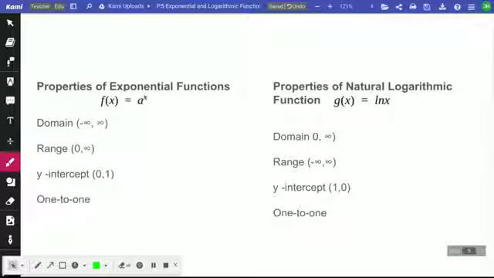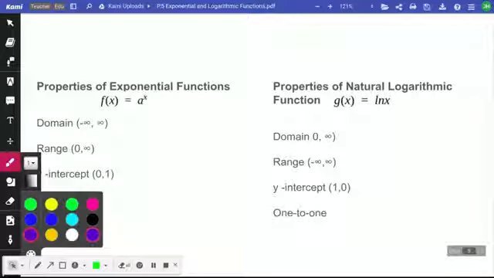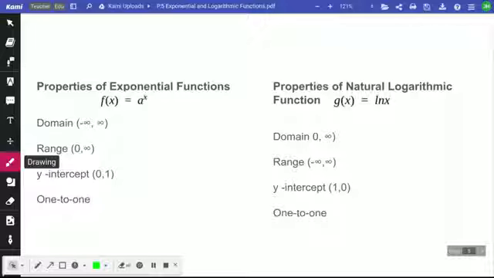Okay, so next we are going to talk about properties of exponential functions. We have our domain and range, and we also are talking about our x-intercepts and whether they are one-to-one or not. For an exponential function, which is what we just graphed, whether it reflects or not, it will have a domain of -infinity to infinity, which means it goes as far left and right forever.